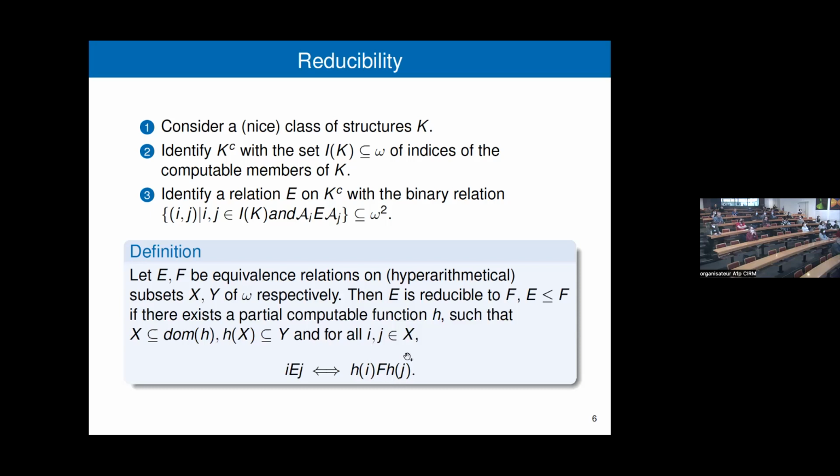Here we have a slight modification because we do not care about all the natural numbers, but we only care about this reducibility on those index sets or some hyperarithmetical subsets of the natural numbers. So here, instead of a total computable function, we have a partial computable function that is defined on X and whose range is inside of Y. It's a slight modification to make it fit with these hyperarithmetical index sets.